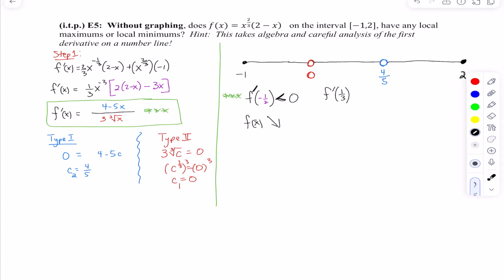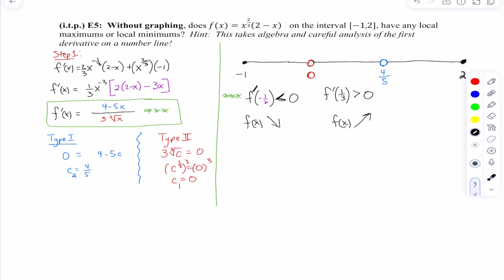Now, notice the numerator is positive, the denominator will be positive, so positive over positive is positive. Now the function is going back up, and that is because the slope of the tangent lines to that function on that interval are all positive.